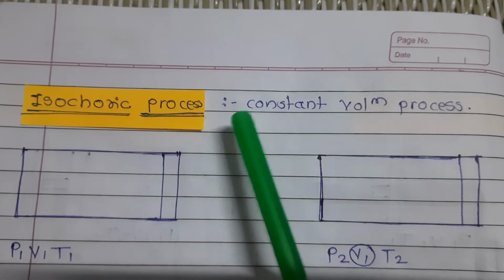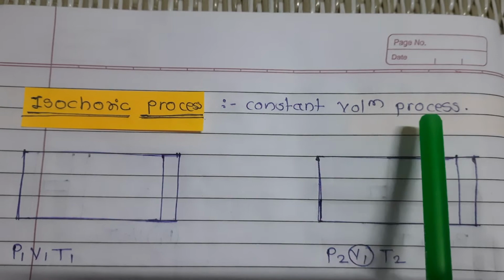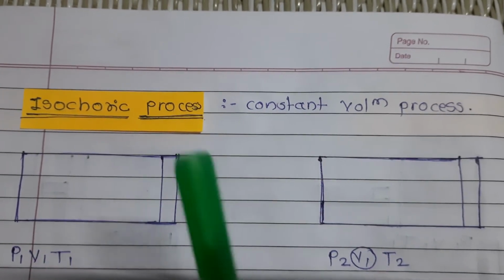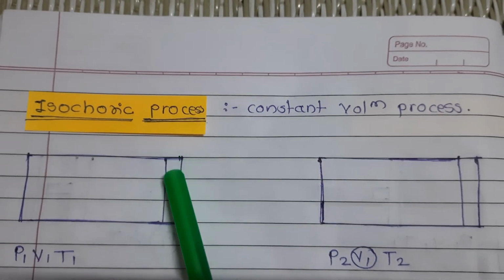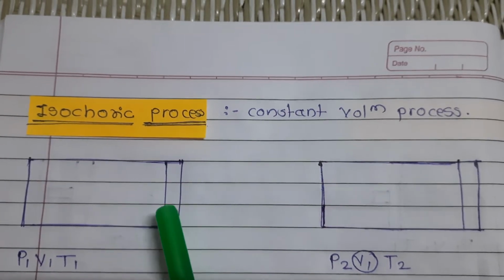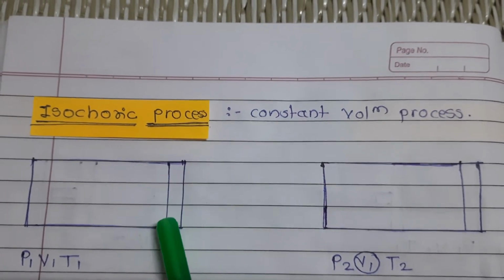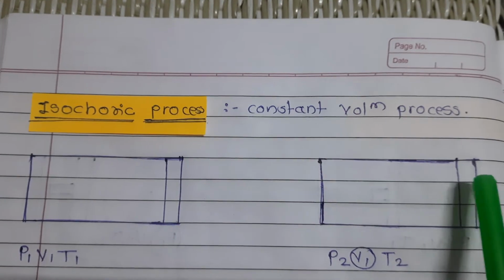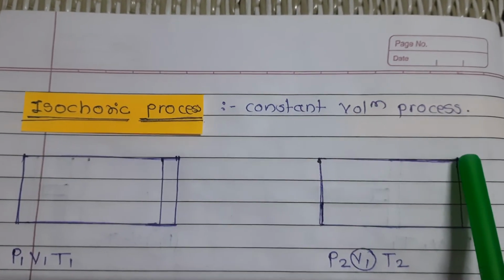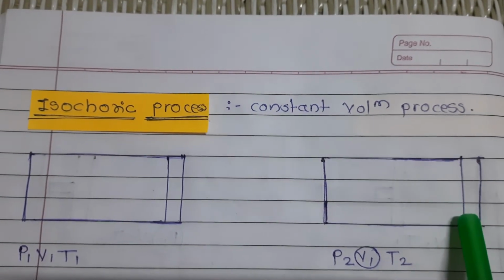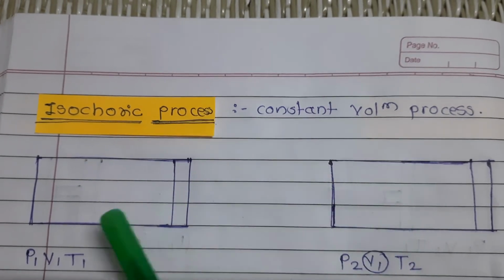Isochoric process means constant volume process. See, the lid is fixed or the piston is at the end. Same in this system also, the lid is fixed, no change in volume.